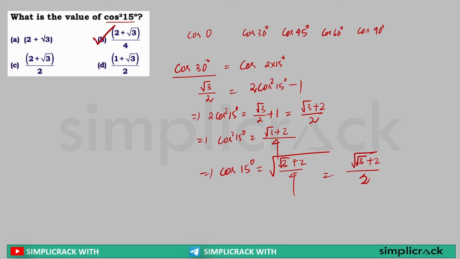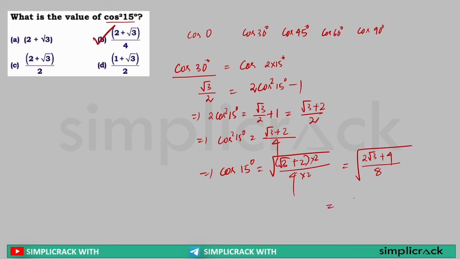Now, can we use some algebraic ideas and solve it further? Yes. Sir, if we multiply 2 in the denominator and numerator, what will it be? It will be 2 root 3 plus 2 2s are 4 divided by 8, square root of that.